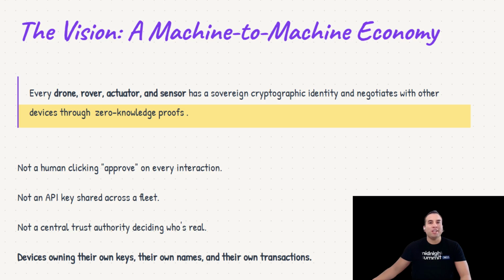It's not a central trust authority deciding who's real and who isn't. It's devices owning their own keys, owning their own names, and owning their own transactions. That's the world we are trying to build. And it's not science fiction. The cryptographic primitives exist. The chain exists. The standards are emerging. What's missing is the integration work.